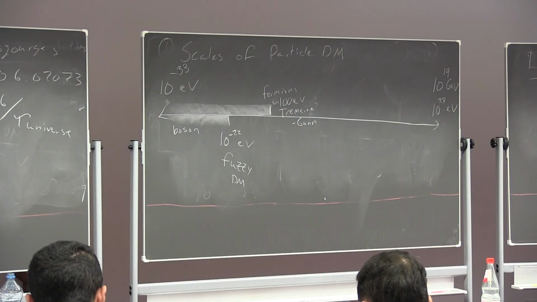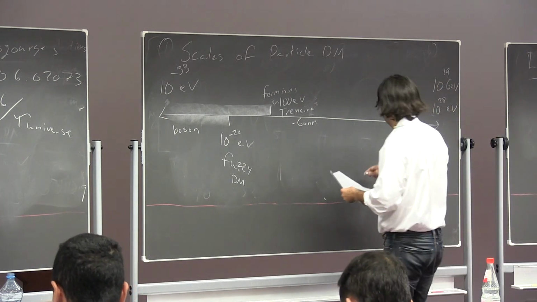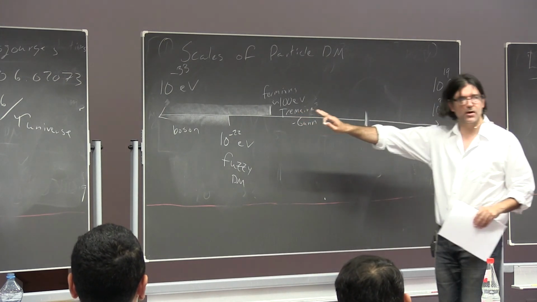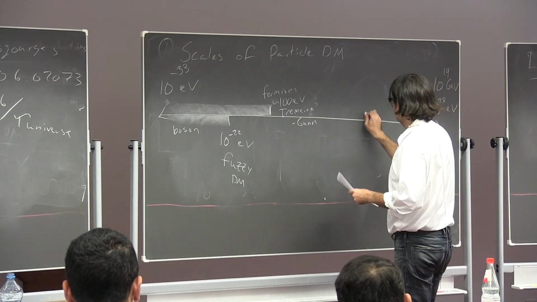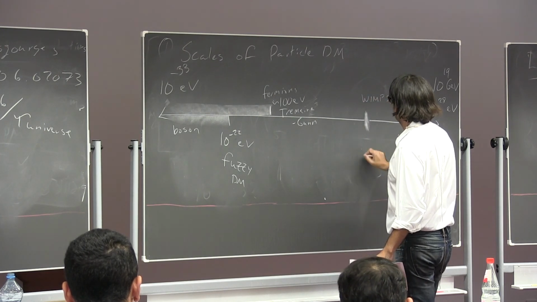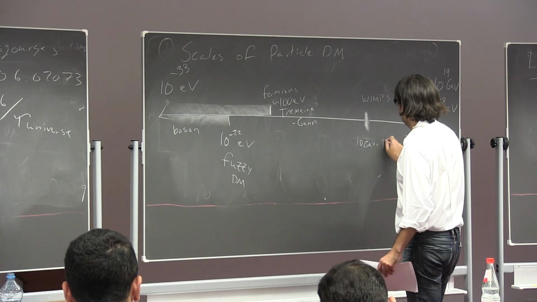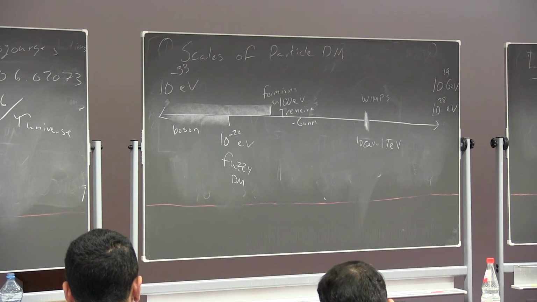Now, up here, so that's what you are bound from below. Up here, you have WIMPs, which I'll loosely put at 10 GeV to 1 TeV, which is singled out as an interesting scale.